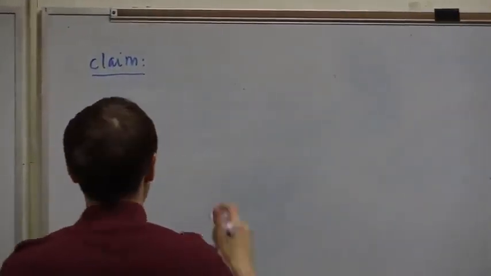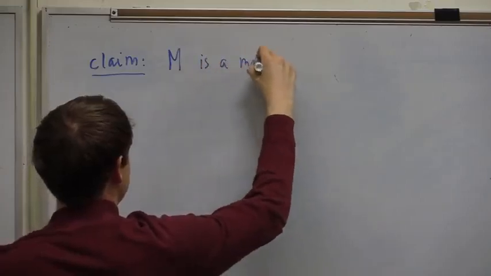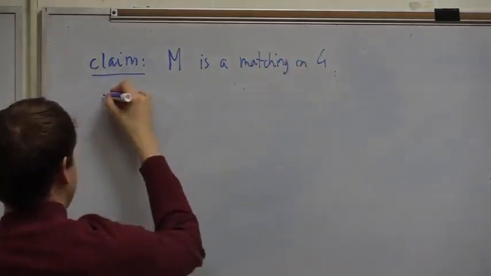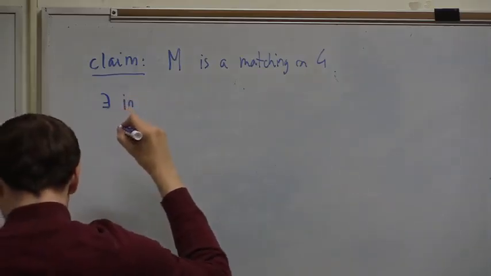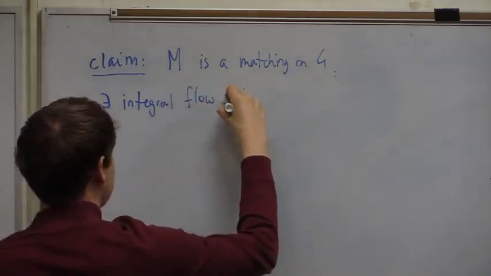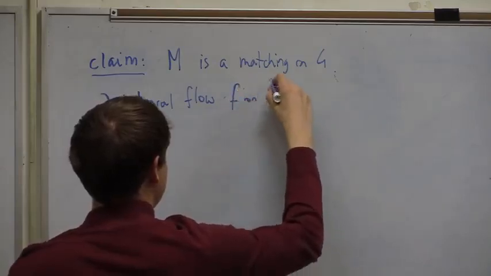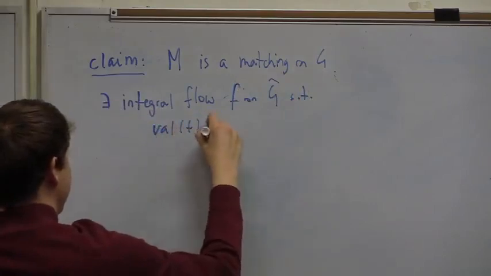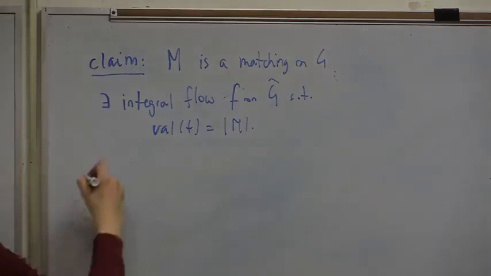The first claim says, suppose that M is a matching on G, then we want to show that there exists an integral flow F on G tilde such that the value of F is the cardinality of the matching.